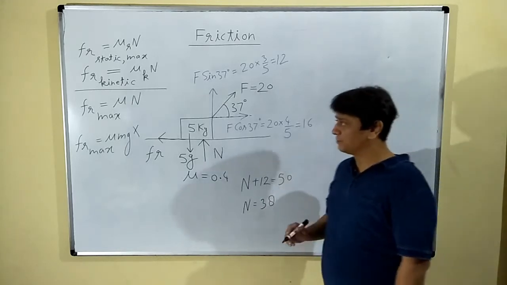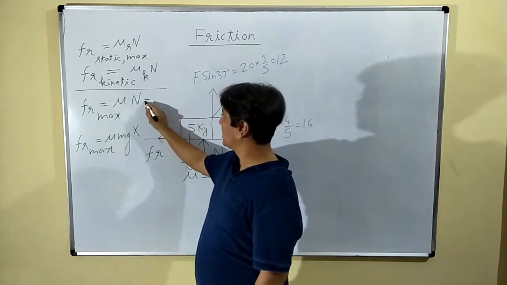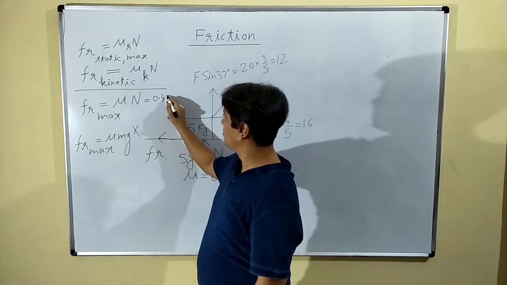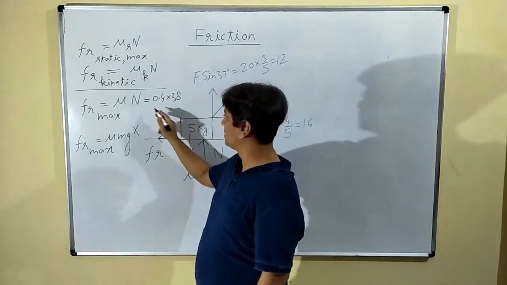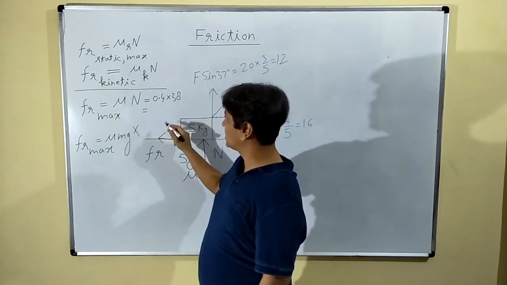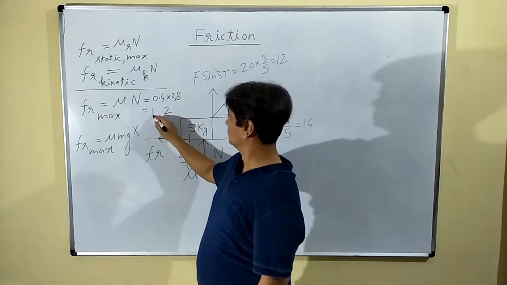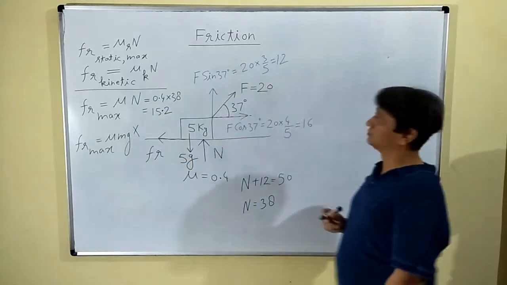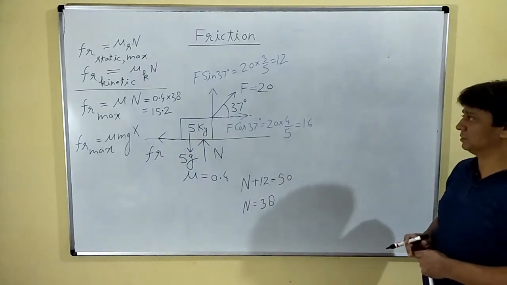That's the value of N. And therefore Fr maximum is mu, which is 0.4, multiplied by normal reaction, which is 38. This Fr maximum is coming 15.2 newtons. That's the value of Fr maximum.